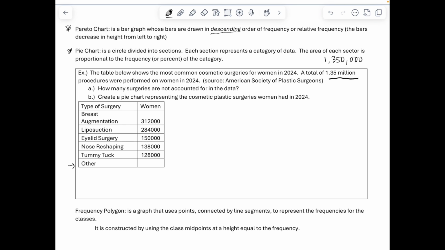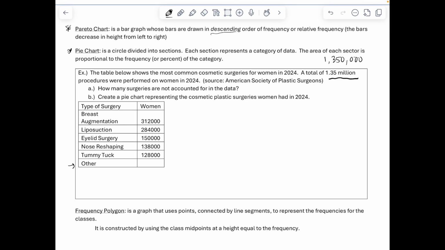And you do not need to put the commas in when you're using any type of online program, such as the StatDisk that we'll be using for our projects, or if you're using a calculator or a graphing calculator. So do not put those commas in. So first thing is that we have how many women had breast augmentation, lipo, eyelid surgery, nose reshaping, and a tummy tuck given.